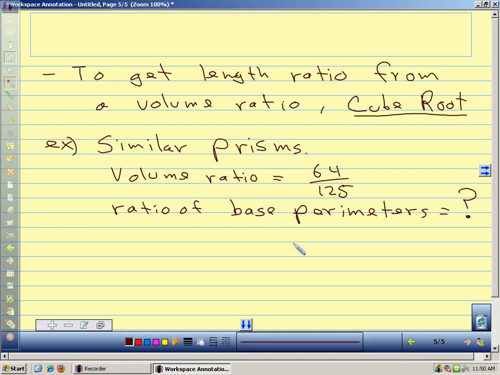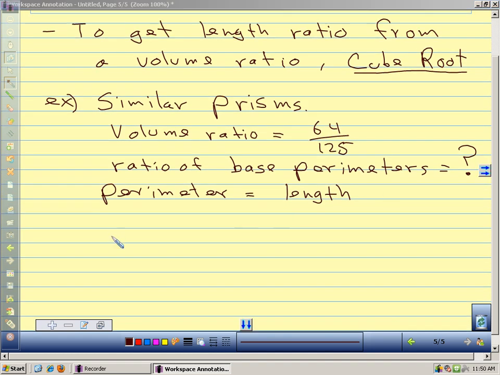How do we find the perimeter of a shape? All the sides. So if we're talking about the sides, are we talking about an area, a volume, or a length? Length. So perimeter is length. To get the length ratio, it doesn't matter which length, we take the cube root of 64 and the cube root of 125.